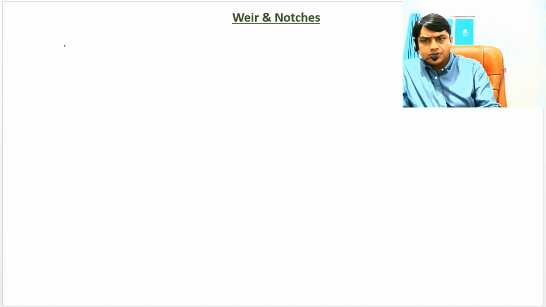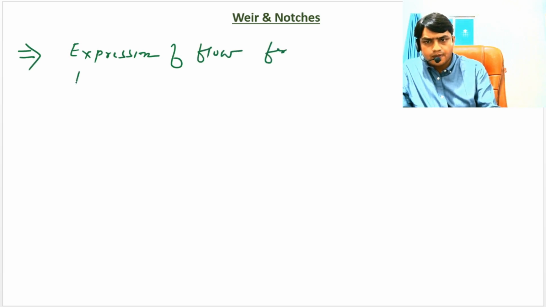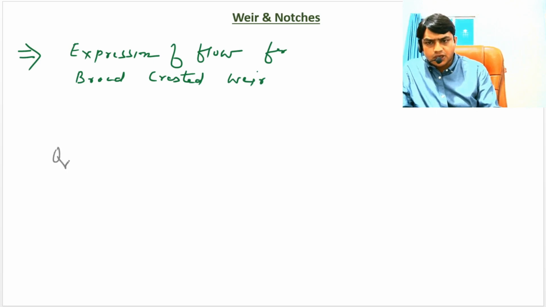Now I am going to write the expression of discharge for the broad crested weir. So for the broad crested weir, the expression of flow can be written as 1.7 CD L into H plus HA to the power 3 by 2.